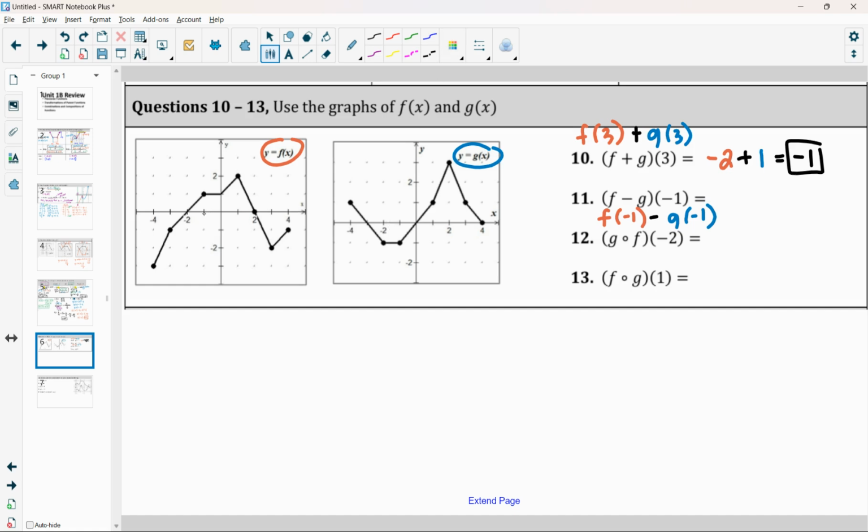At x equals negative 1, the function is at 1. So f of negative 1 is 1. And then we're going to subtract g of negative 1. Looking at the g function, at negative 1 it is at negative 1. We'll subtract those. So 1 minus negative 1 is 2.